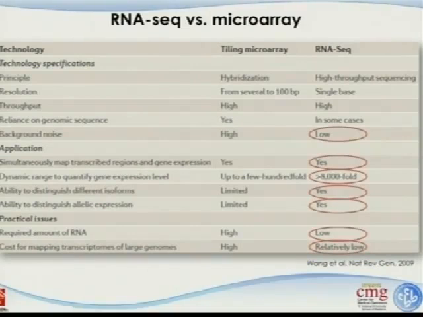The ability to distinguish allele-specific expression: yes, we can do that. The required amount of RNA is written here as high for arrays and low for RNA sequencing, but in my experience, that's not true.